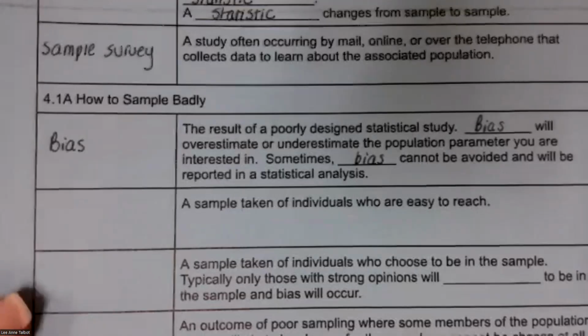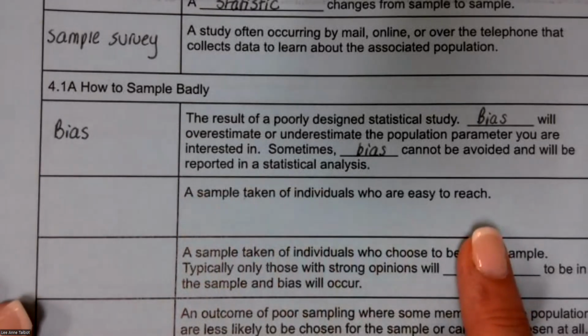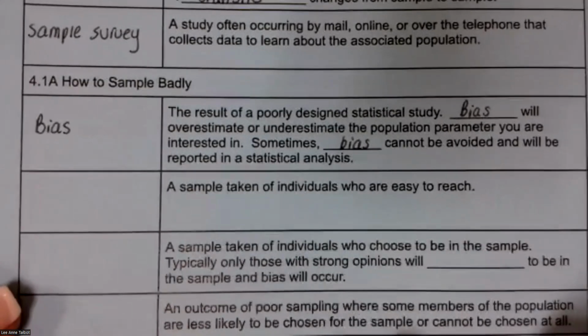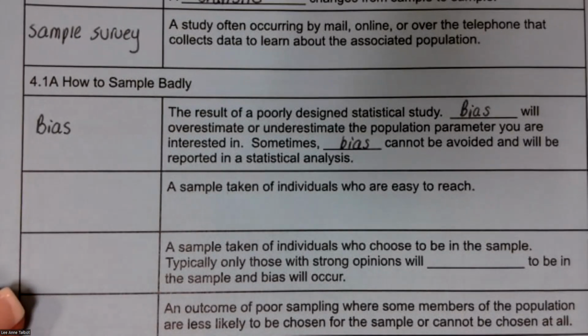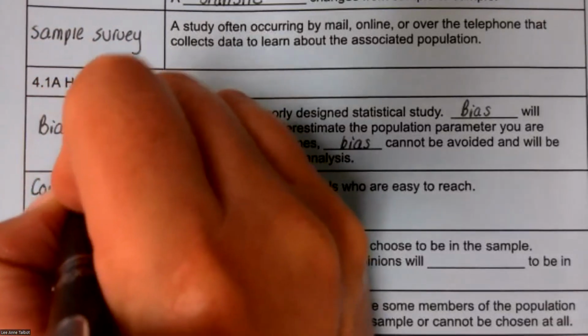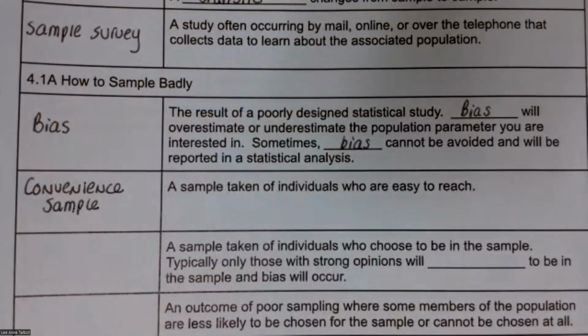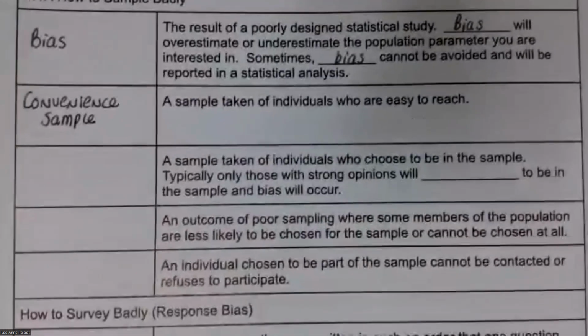Okay, let's see if you know this one. A sample taken of individuals who are easy to reach. What do you call those stores on the corner that have soda and stuff? I heard it, convenience sample. A convenience sample is a sample of individuals who are easy to reach. It means that we were lazy.